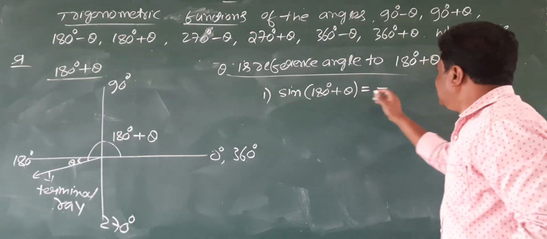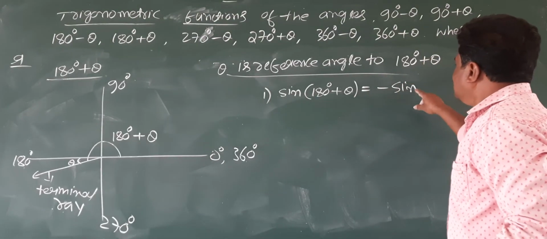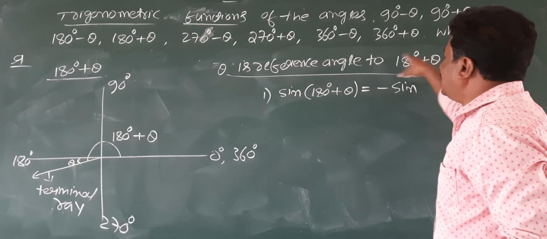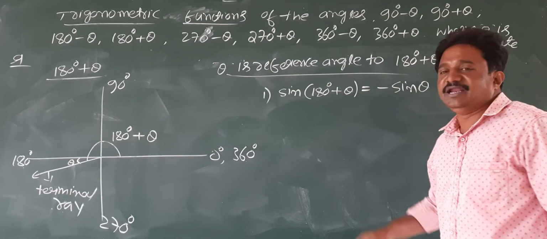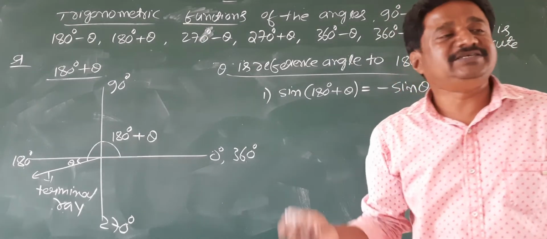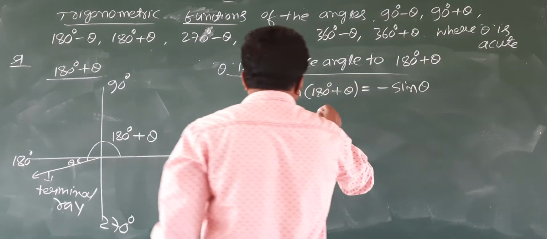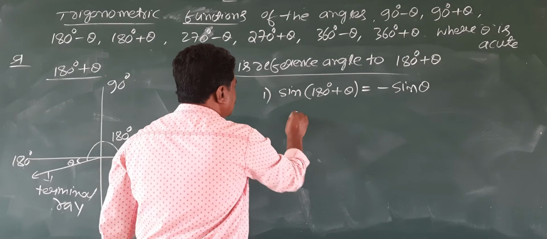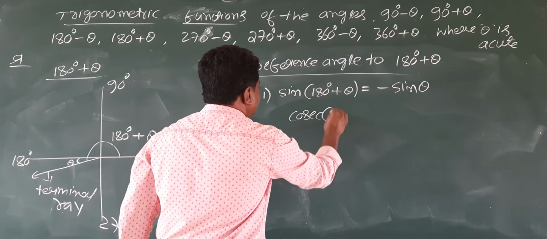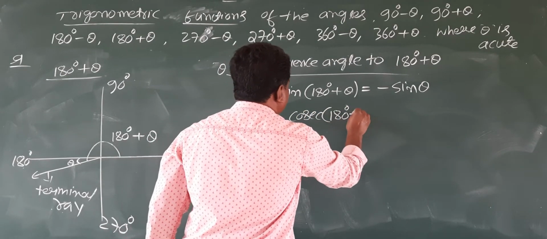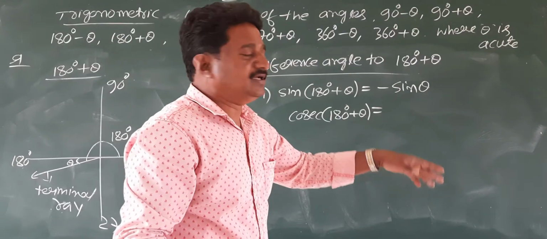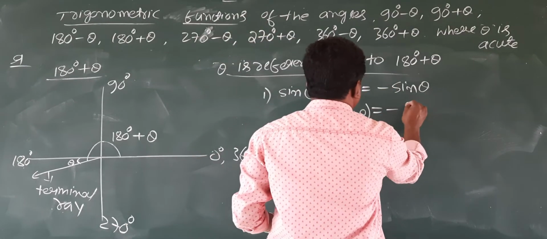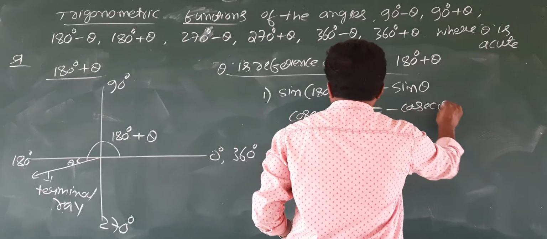Carry that sign as it is. The related angle is theta, so sine 180 plus theta is minus sin theta. Now reciprocal, cosecant of 180 degree plus theta. The reciprocal of sin is 1 by sin, so it is minus cosec theta.